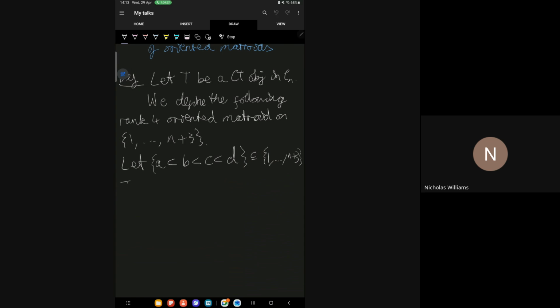So what's the definition? It's using this X-triangulated structure we had.